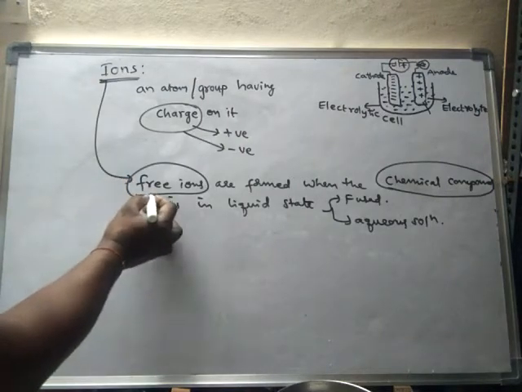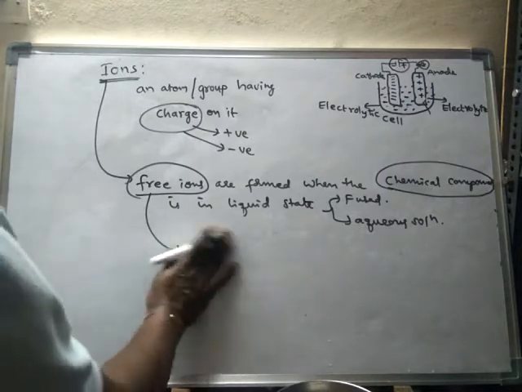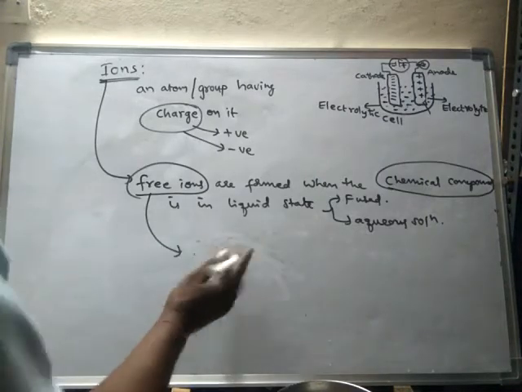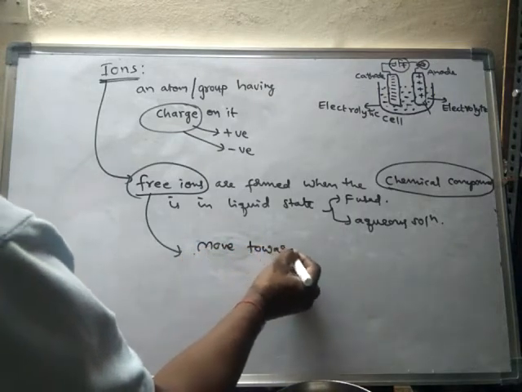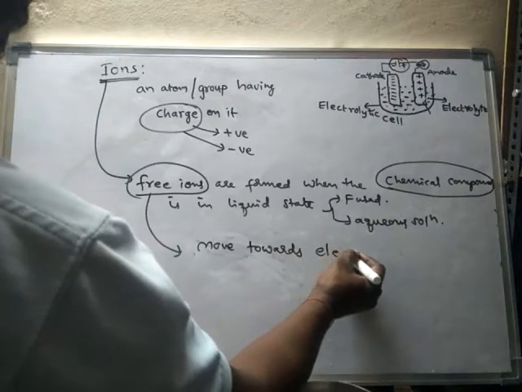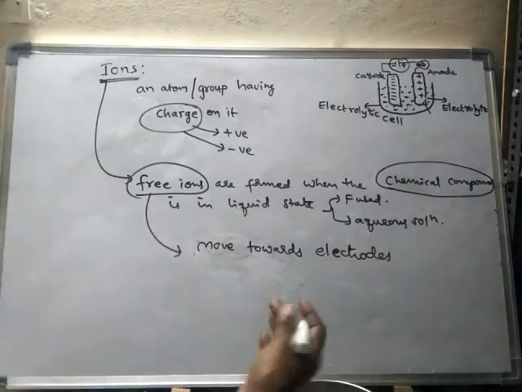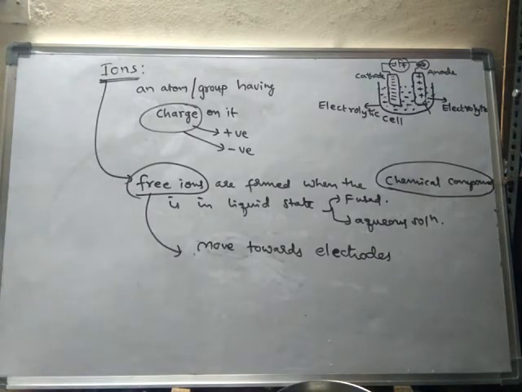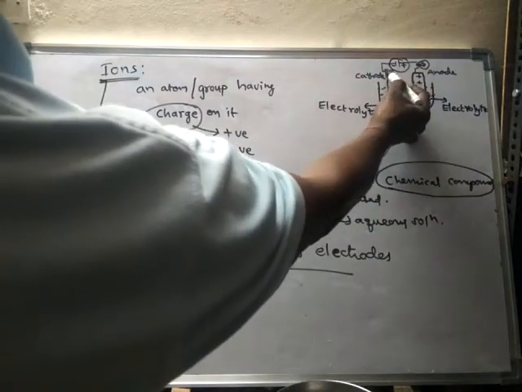These free ions move towards the electrodes, the cathode or anode. When do they move towards the electrodes?